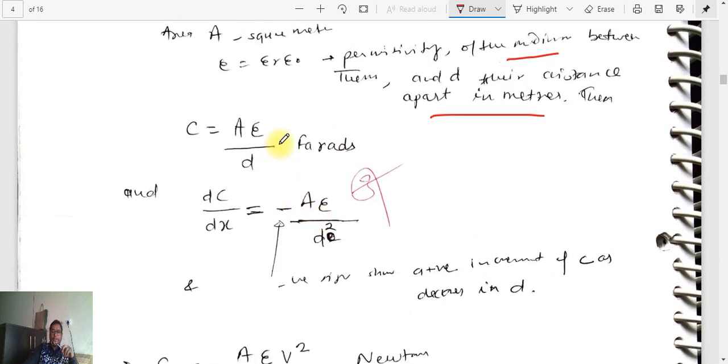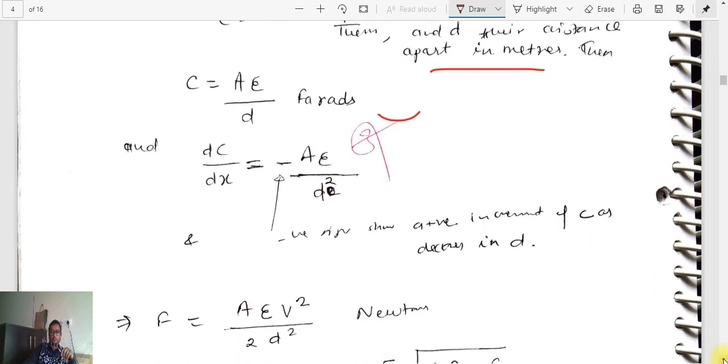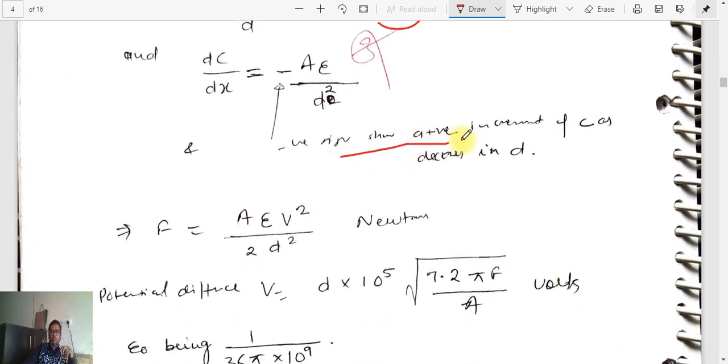C is equal to A epsilon divided by d farads. dC by dx is equal to minus A epsilon by d square. The negative sign shows that a positive increment of C is a decrease in d.